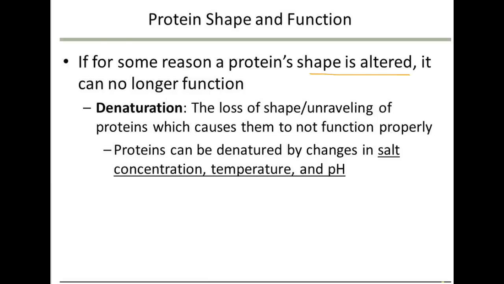Its shape is directly related to its job. And this loss of shape is going to be called denaturation, the loss of shape or unraveling of proteins, which causes them not to function properly. So proteins can be denatured by changes in the environment like salt concentration, temperature, and pH.